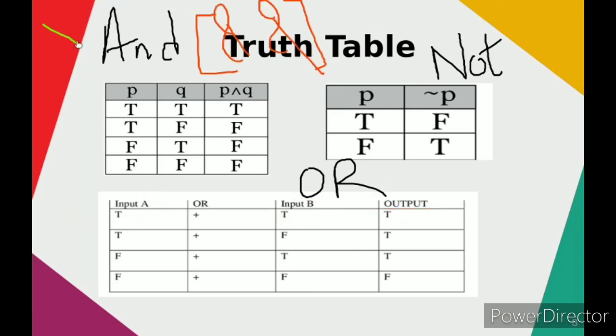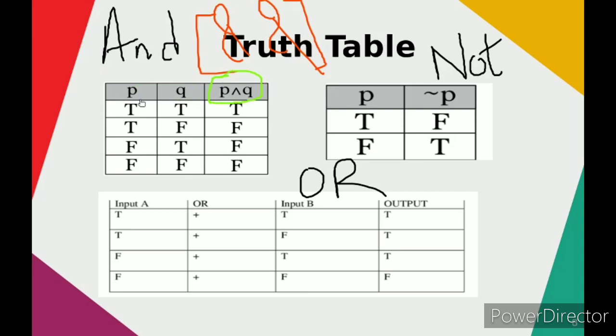Now, coming over to our AND truth table, consider P to be the expression that was to the left of the AND operator and Q to be the expression which was to the right of the AND operator, and this to be the result of the evaluated expression.